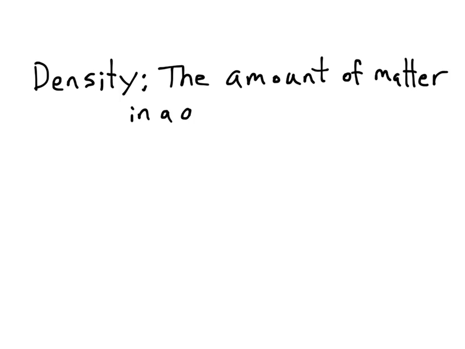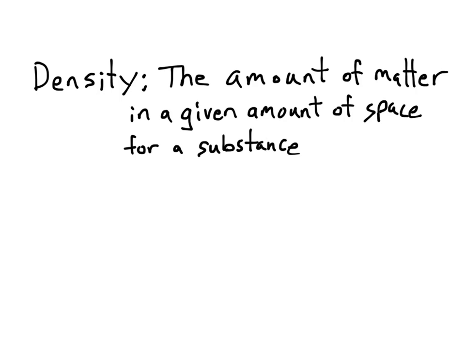So this gets us to density. Density is defined as the amount of matter in a given amount of space for a substance. Density is basically combining both ideas about mass and volume together.